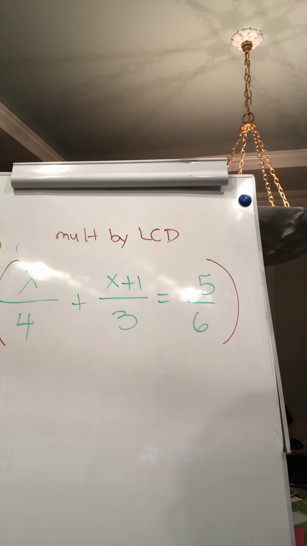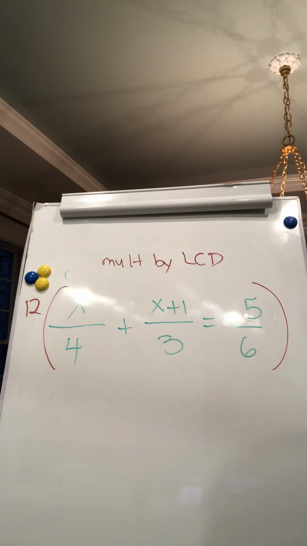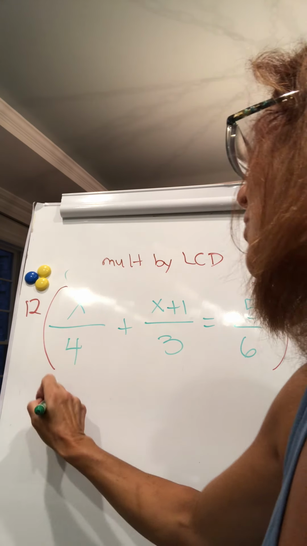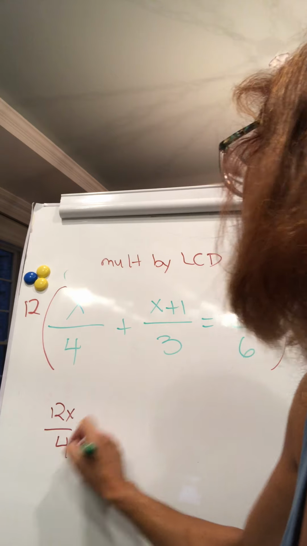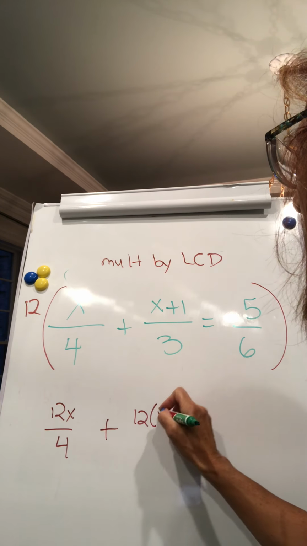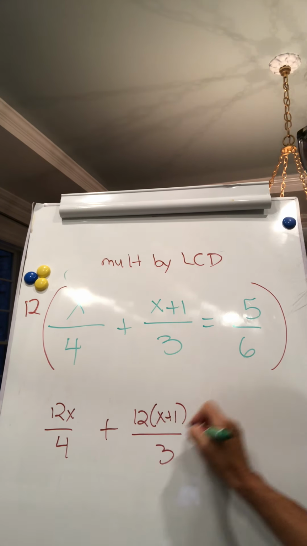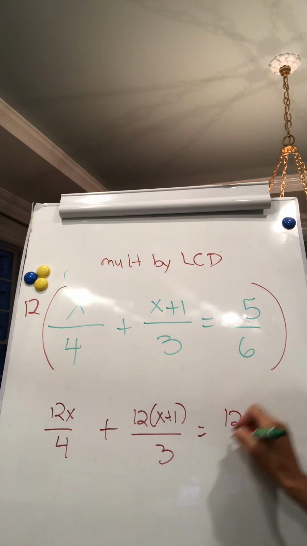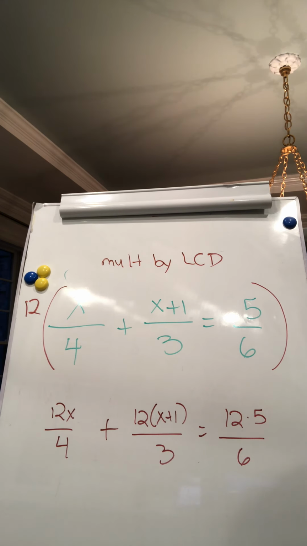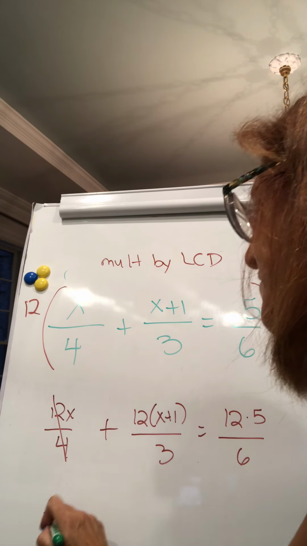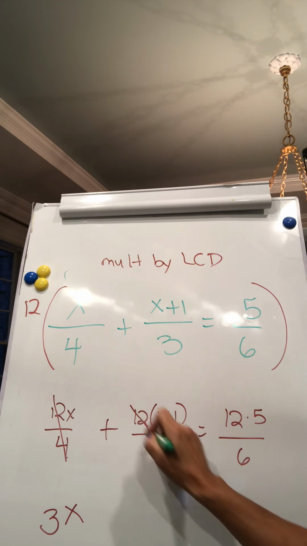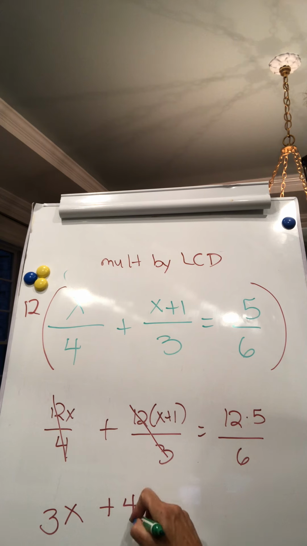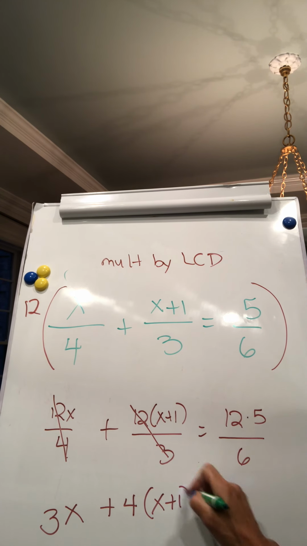All right, if I go ahead and multiply everything by 12, here I would get 12x over 4 plus 12 times x plus 1 over 3 and 12 times 5 over 6. Why is that helpful? Well, this simplifies to be 3x. This simplifies to be 4 times x plus 1.